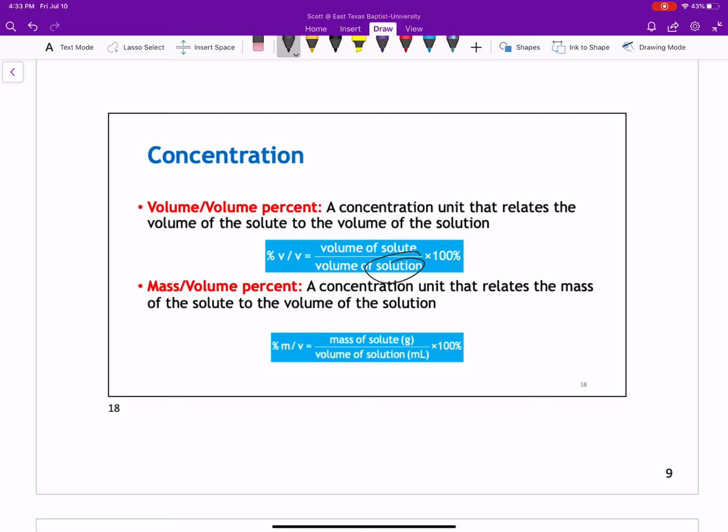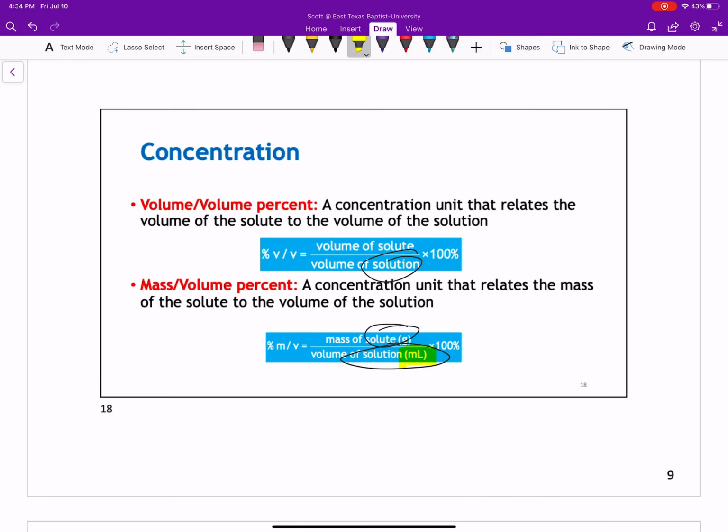That one takes into account the volumes of everything in the event that you didn't have the masses. Or the mass volume percent, which mixes both of them. It's the mass of the solute over the volume of the solution, but note right here that the volume has to be given in milliliters. So grams over milliliters.